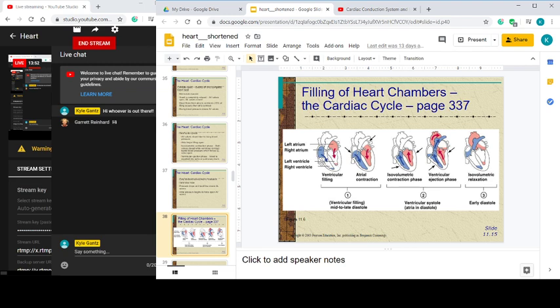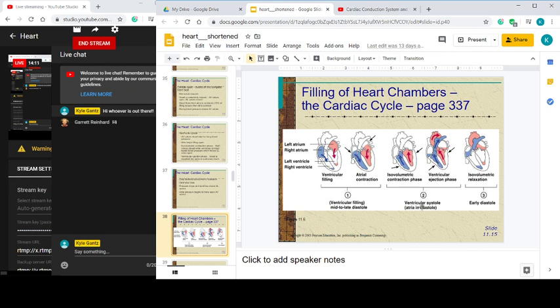So this ventricle is relaxed, this ventricle is relaxed. We start to get the atria to contract. The atria push the blood into the ventricles, and then we have this whole ventricular systole.